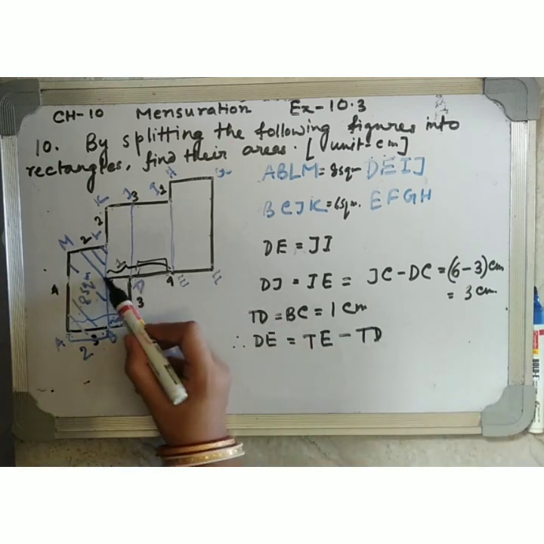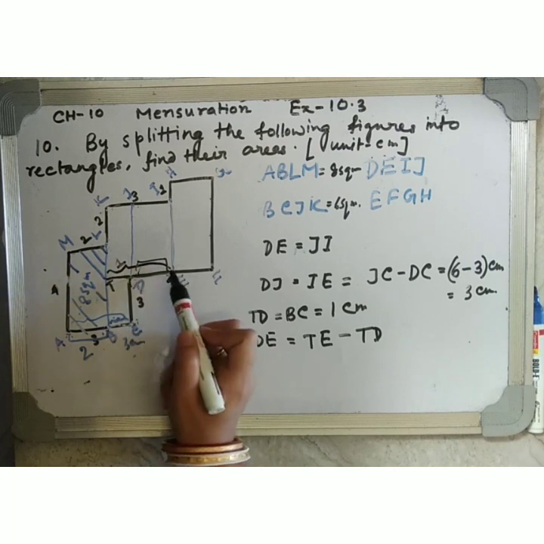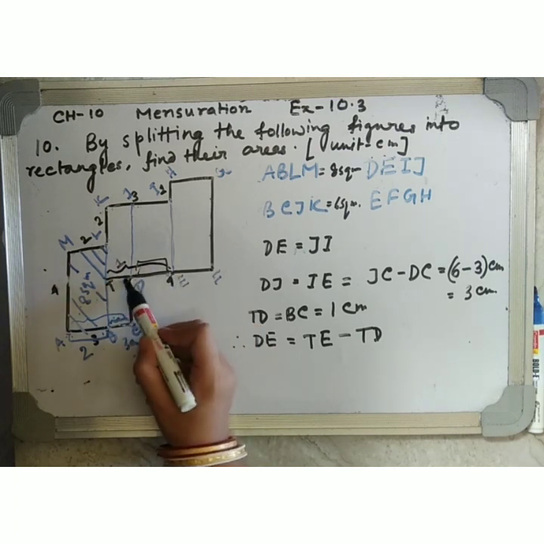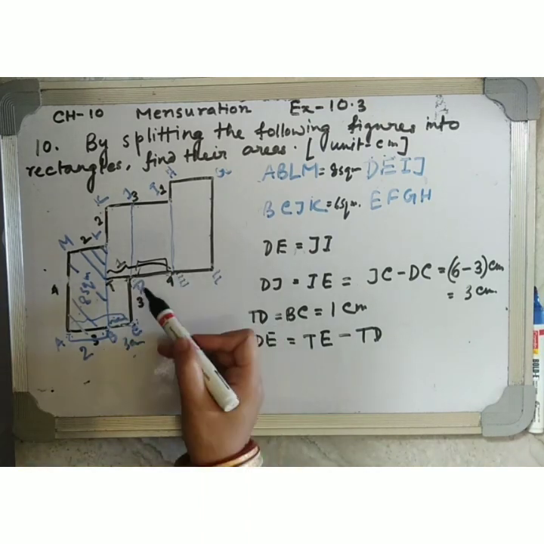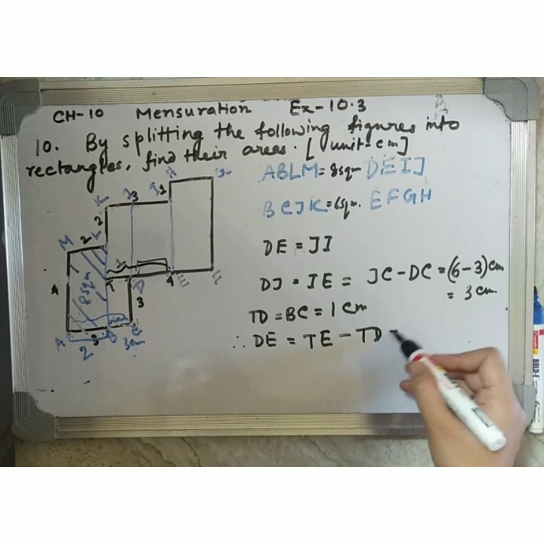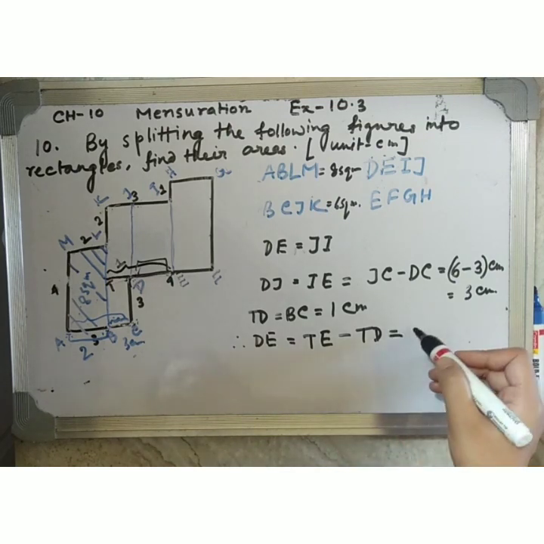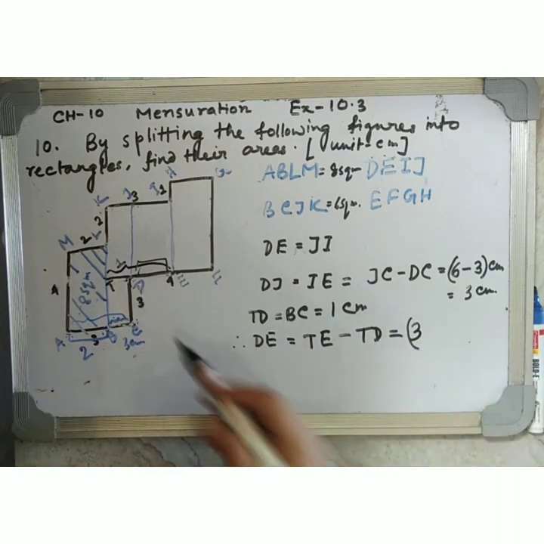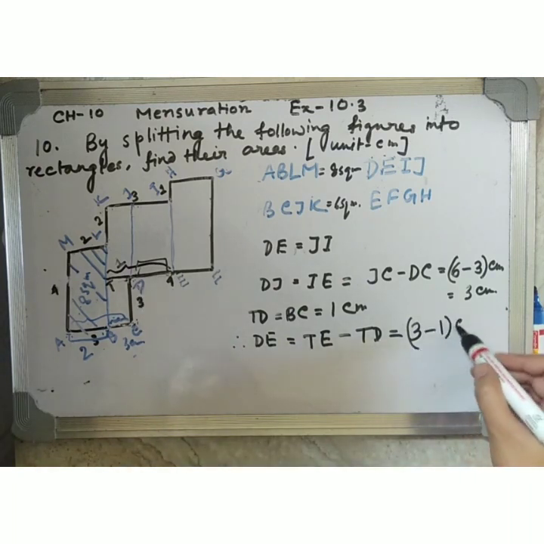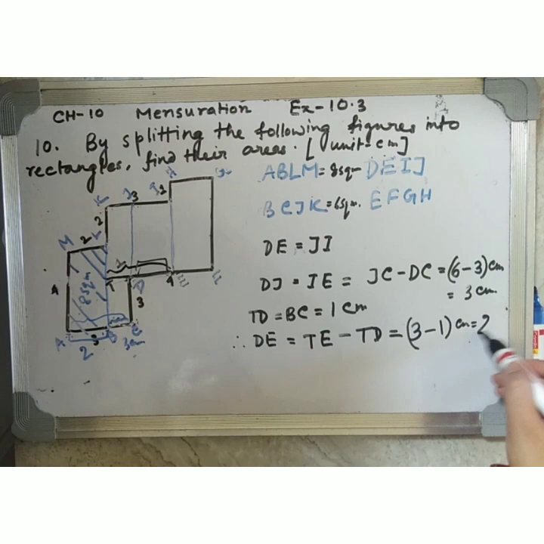If we subtract this small part from this part completely, means from TE we will subtract this small part TD, we will get DE, which will be equal to JI. So TE will be of length 3 centimeter and TD will be of length 1 centimeter. So we will get 2 centimeter, which is the length of DE.